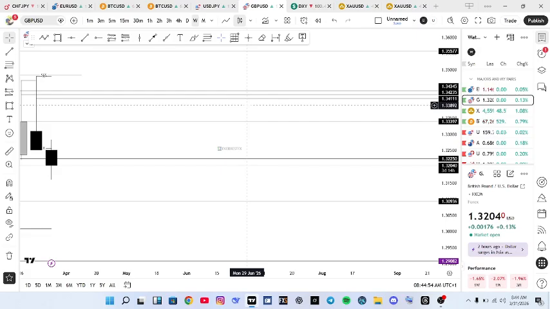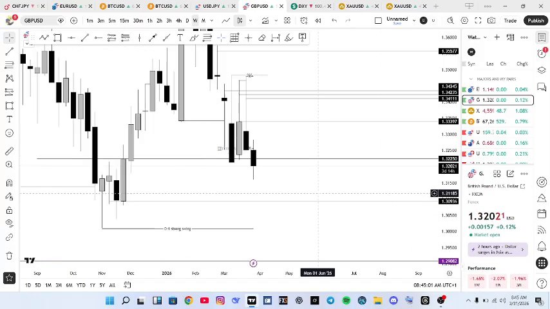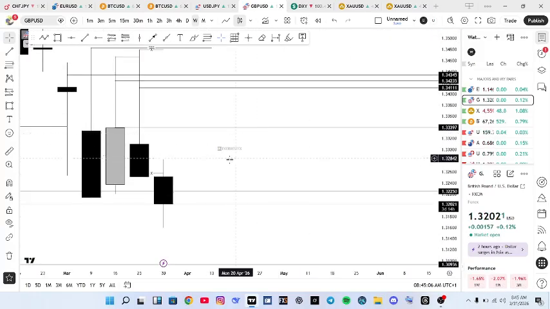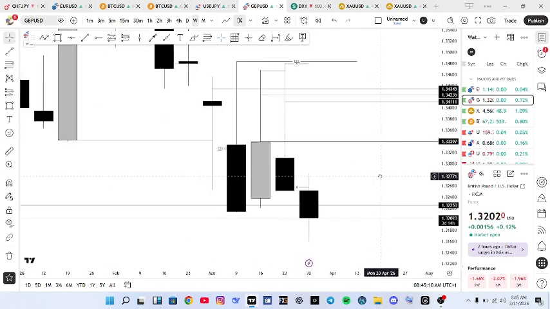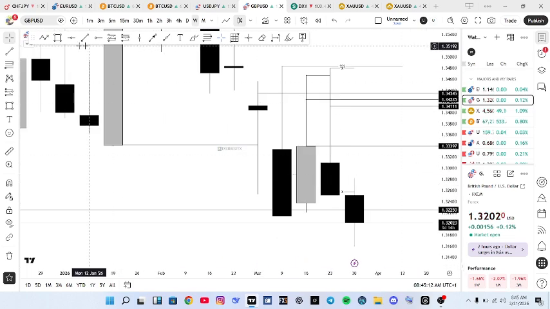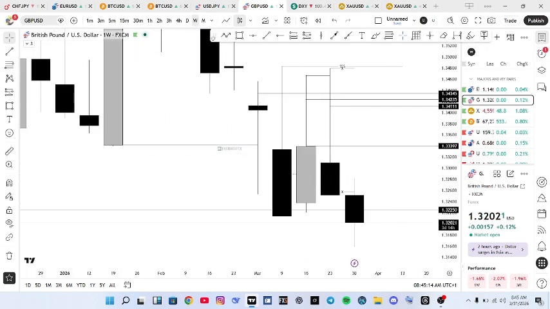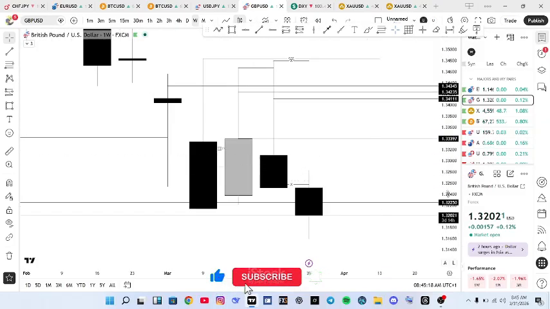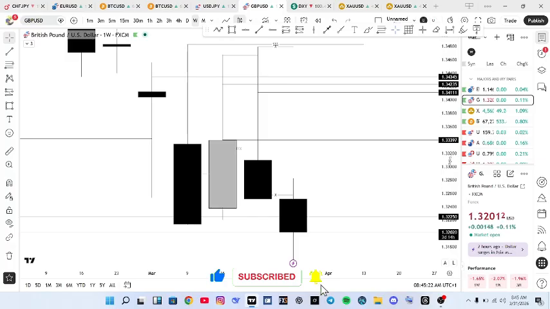Let me explain something here. Okay. Price has done something here. Let me zoom in. You know, most of you guys don't observe your candles very much. And it's not good. It's very important to observe what each candle is doing, especially on the higher time frame.